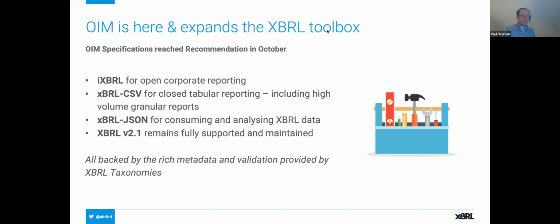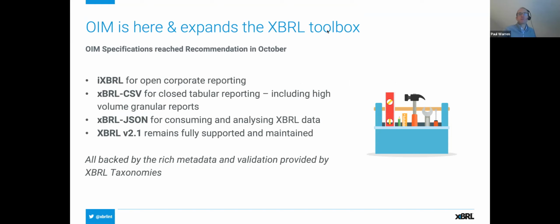So finally, I just want to summarize where the finalization of the open information model specification leaves us. Effectively, this gives us a range of different tools that we can use for different reporting scenarios.